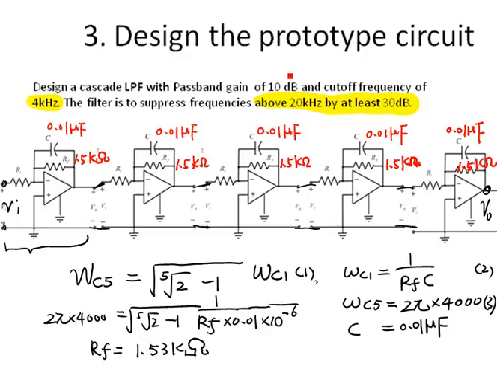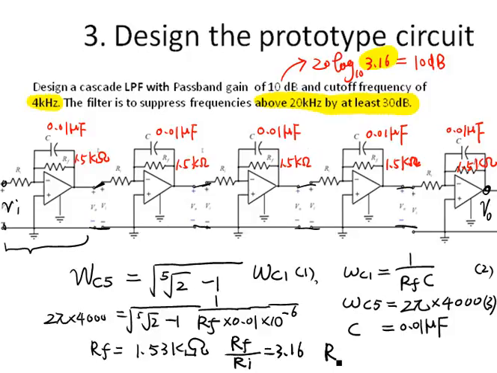Notice that we want to make the passband gain equal to 10 decibel. For 10 decibel, if we convert it to the circuit gain, that should be 3.16. So 20 log base 10 of 3.16 is equal to 10 decibel. So the gain of the circuit should be 3.16. Actually, we can just change one of the input resistors to make the gain of the circuit equal to 3.16.